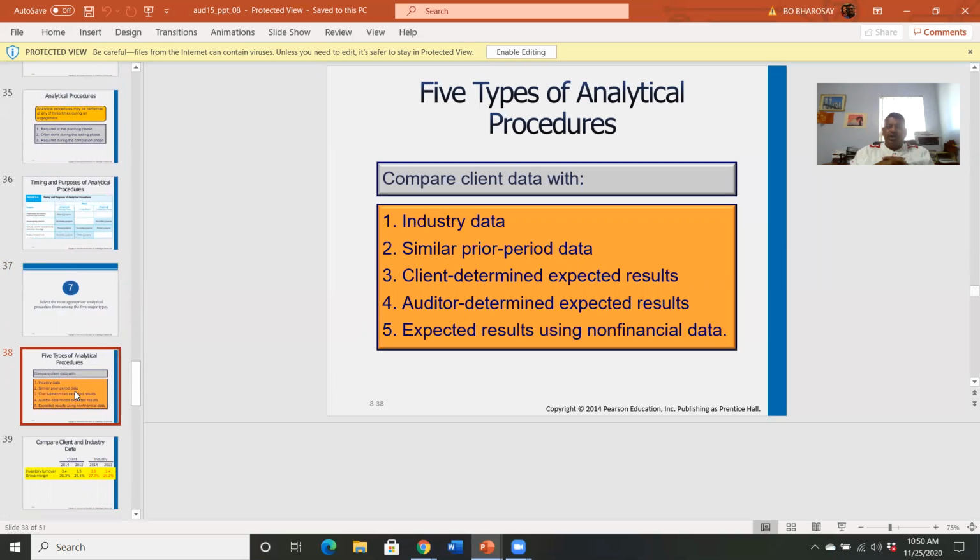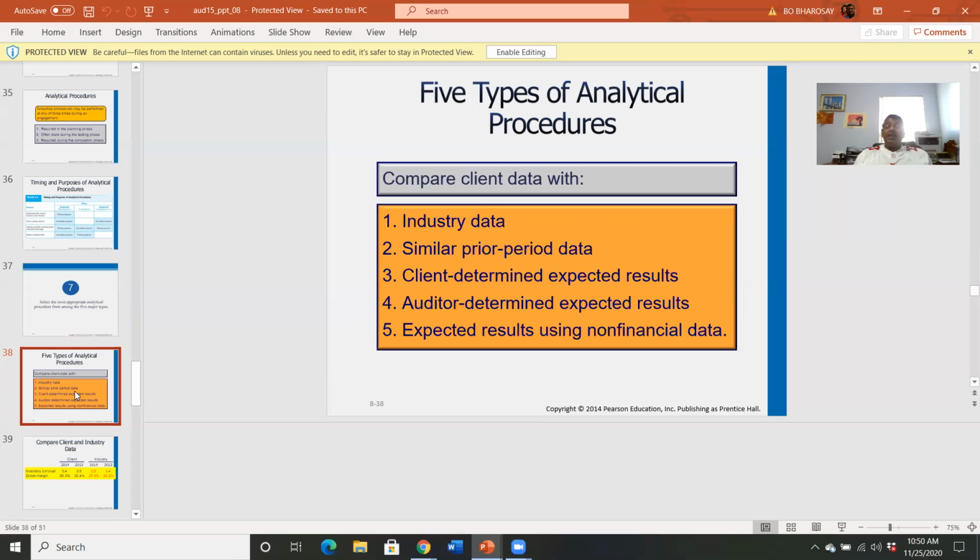The client shows 10% net income; we compare that with industry. If the industry is only giving 5% net income, you want to understand why the client is showing 10%. Maybe something is wrong. Maybe nothing is wrong. Maybe they are very efficient. But we need to question that.